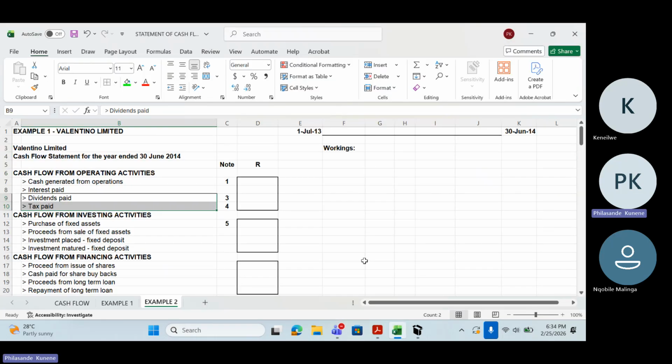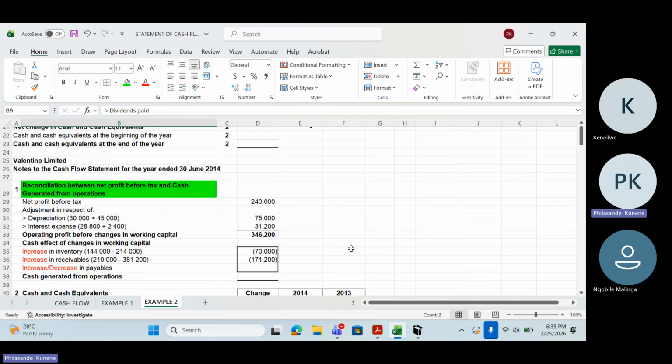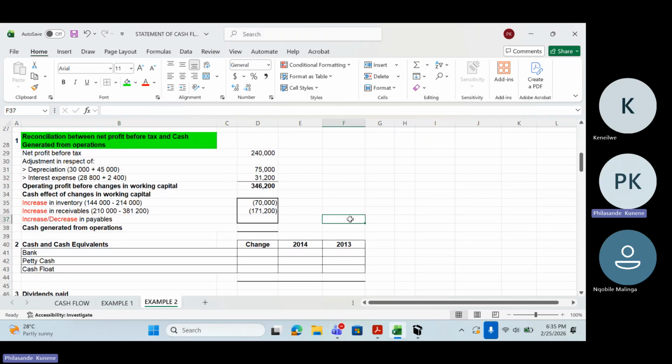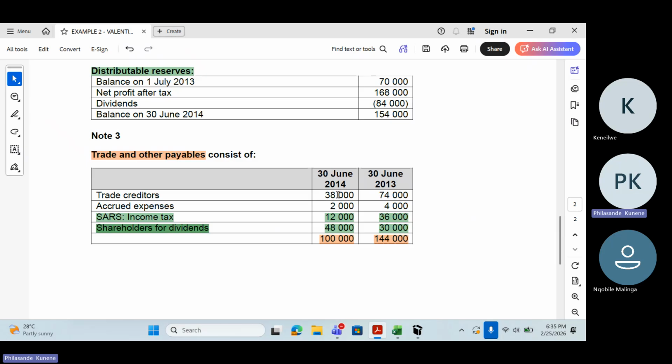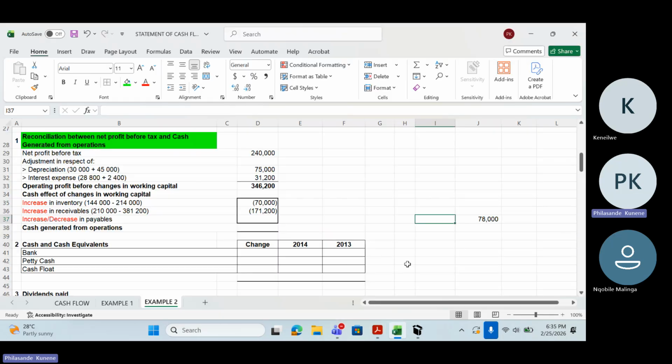That is going to be 78,000. So our payables in the previous year will be 78,000 rands. And in the current year, it's the 38,000 plus the 2,000. So that is going to be 40,000 rands.